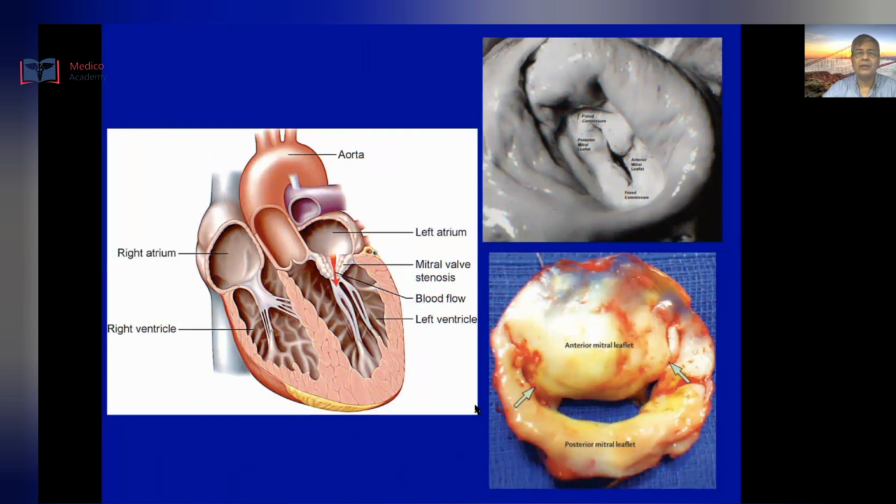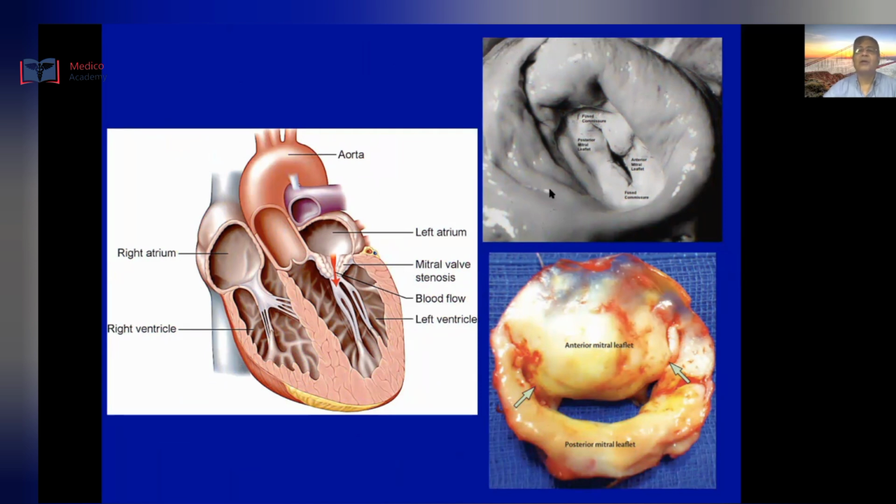When you look at some diagrams on this, you can see the opening from the left atrium to the left ventricle is the mitral valve, and the mitral valve, because of its anatomical distortion, gets narrowed, and the opening makes blood pass from LA to LV with difficulty.